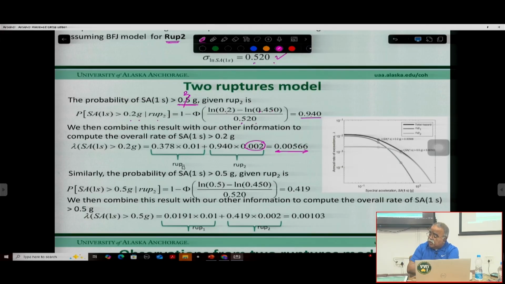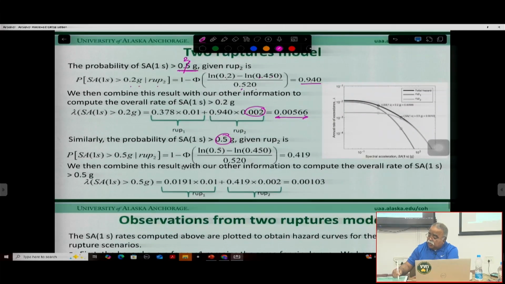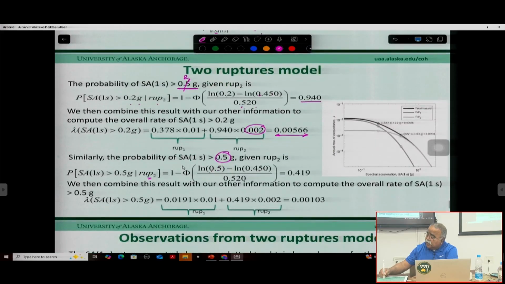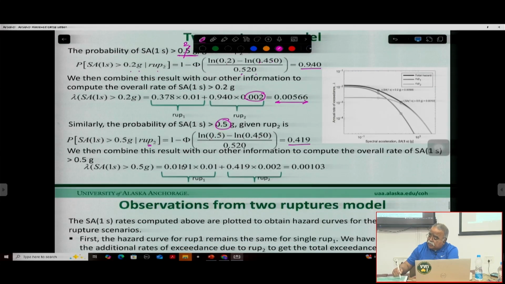Similarly, for the probability of 0.5 g, the 0.5 g value here for rupture 2 will be ln 0.5 minus this value already calculated, 0.450, and then calculate this number equal to 0.419, right? And then if you put 0.419, and combine rupture 1 and rupture 2, this is 0.19 for rupture 1 times 0.01, and this is 0.419 times 0.002.